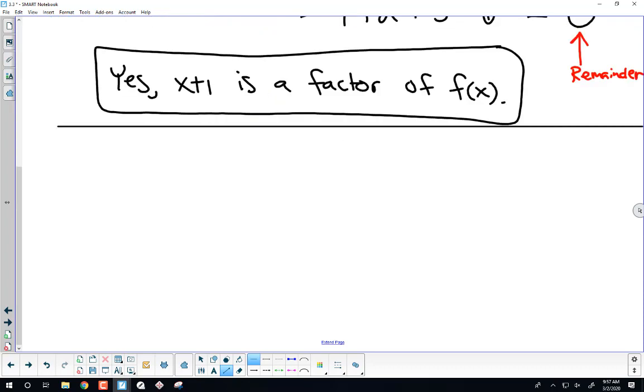Okay, what if we wanted to know now, what if we were to ask the question, what are the other factors of f of x?